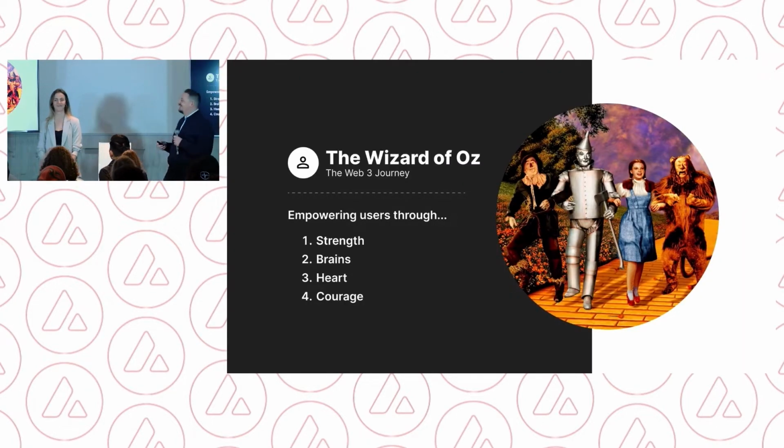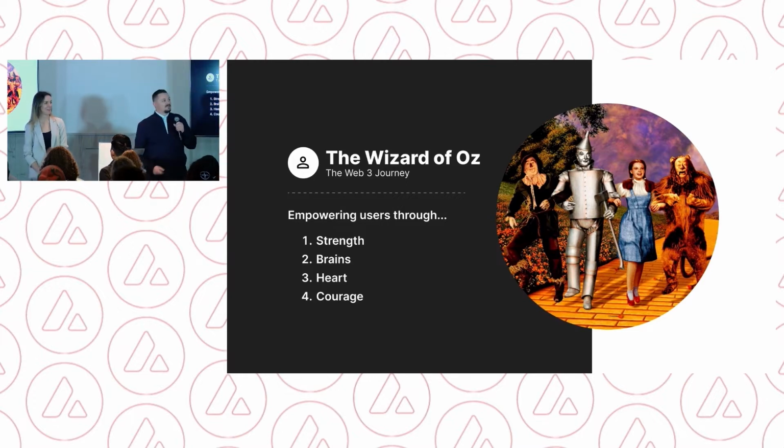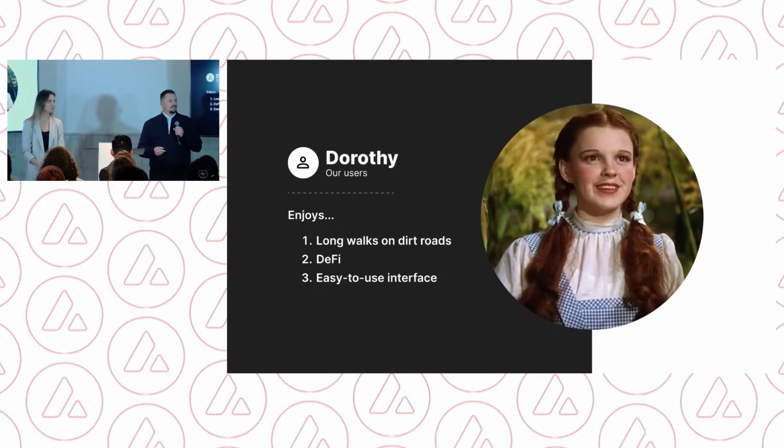As you know, it's one of the most iconic films of all time. There are some great characters in this story and some great lessons that we can learn as designers. We'll go through these really quickly: strength, brains, having heart, and having courage. And we'll just jump into it.